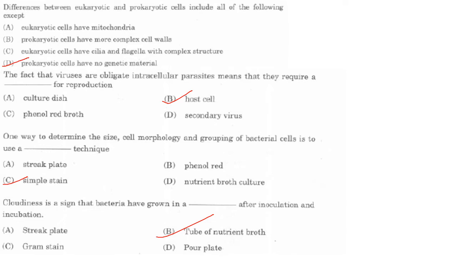Answer is option C. Cloudiness is a sign that bacteria have grown in a dash after inoculation and incubation. Answer is option B, tube of nutrient broth. So cloudiness is a sign that bacteria have grown in a tube of nutrient broth after inoculation and incubation.